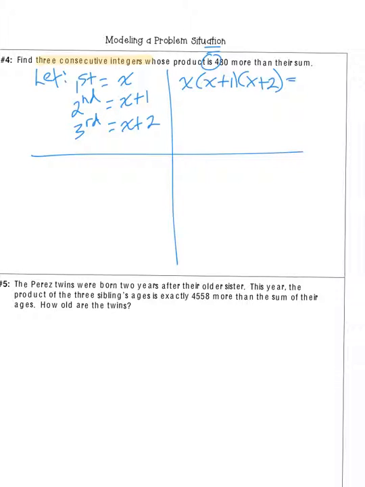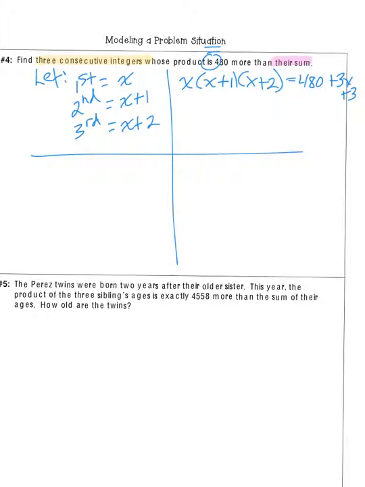So then it's 480 more than, so that would be 480 plus their sum. So their sum is an important amount, and that would look like, if I add all 3 of these together, I'm going to get 3x's plus 3. So 3x's plus 3.